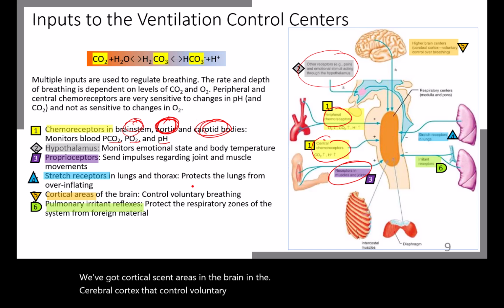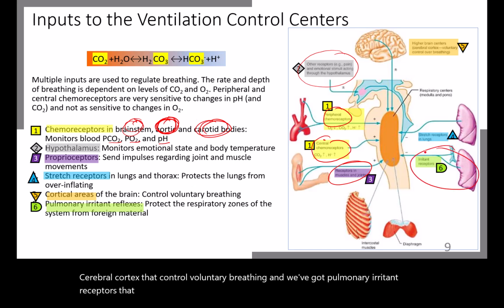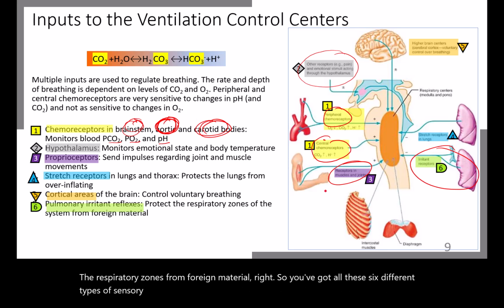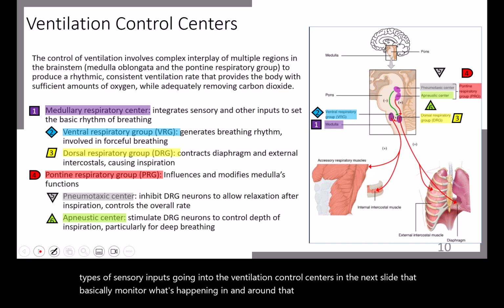And we've got pulmonary irritant receptors that protect the respiratory zones where air goes in from foreign material, right? So you've got all these 6 different types of sensory inputs going into the ventilation control centers in the next slide that basically monitor what's happening in and around that individual.